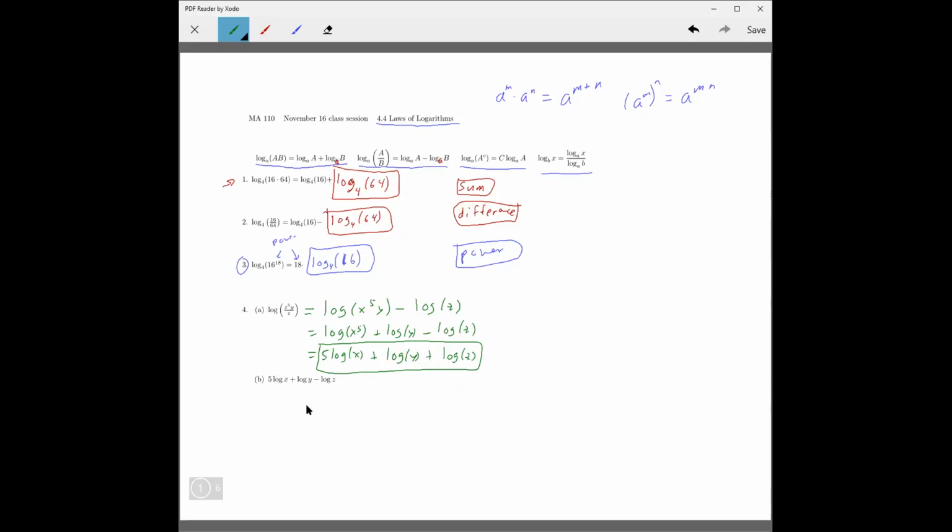Okay, and then it says we can combine 5 log x plus log y plus log z. Here this is going back the other way. One thing you can do is notice that this is the same as that, and you just write that as the answer right there, log of x to the 5 times y over z. Or you can do it by steps. You can take this x and take this 5 and put it up there.